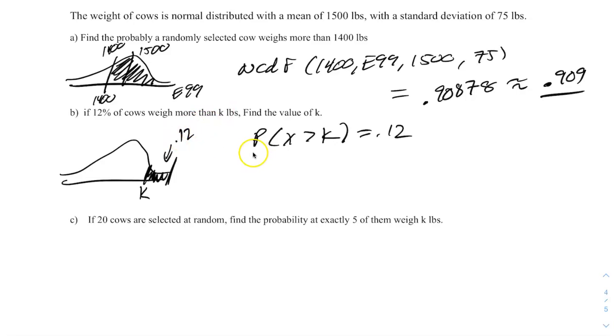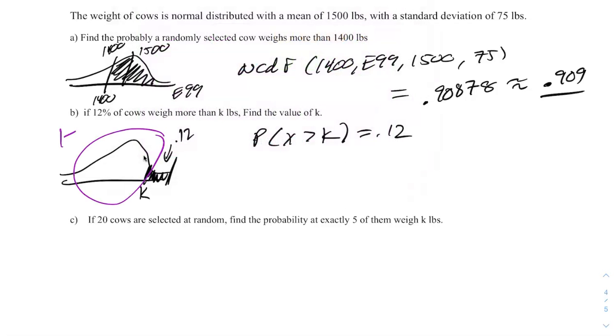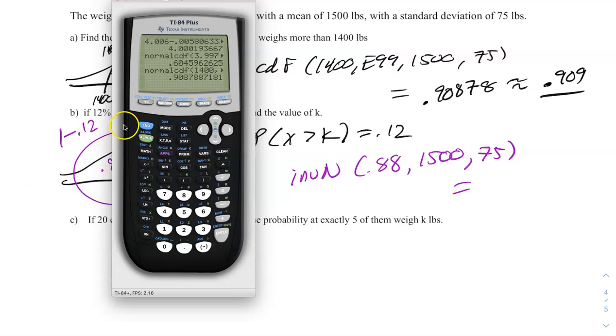Now again, if I had a fancy calculator, it would be invert normal 0.12 right tail. I don't have that. I need the left side. So to find the left side, you do 1 minus 0.12, so I get 0.88. So it's going to be invert normal 0.88, my mean is 1500, my standard deviation is 75. Plug that all in.